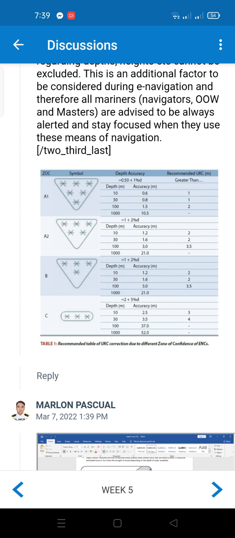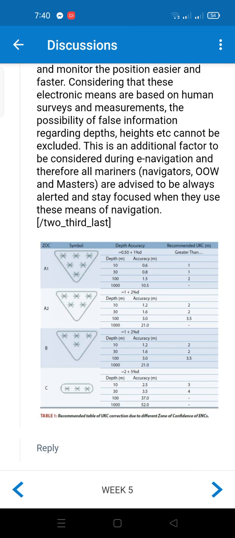So this is the CATZOC. Our A1, which is a triangle with an asterisk, is at least greater than 1, with a depth of 10 meters.